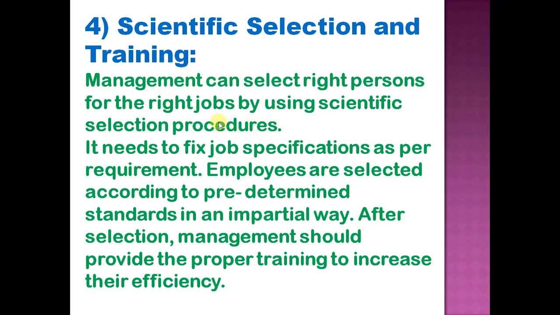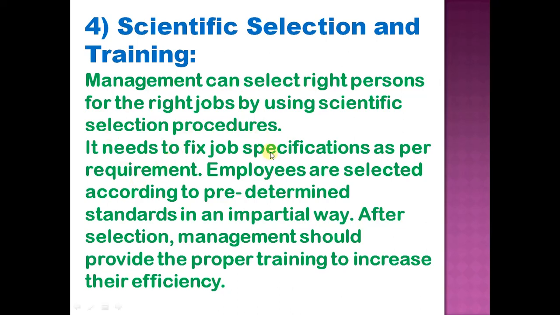Management has to select the right person for the right job, and this can be done only by the scientific selection procedures. So what is this scientific selection procedure? You know that we conduct the interviews, we have face-to-face communication with the candidate, we check their qualifications, experience, and then we select them for the job. This is nothing but the scientific selection.